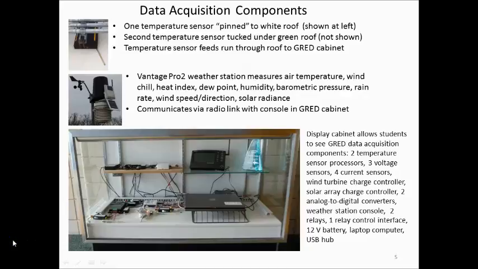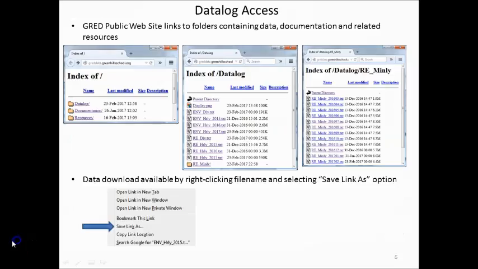The weather station produces several environmental measurements. The GRED cabinet contains 3 voltage sensors and 4 current sensors that are used to monitor the performance of the wind turbine and the solar array. The process for getting at the GRED data files is shown in the next 4 slides.